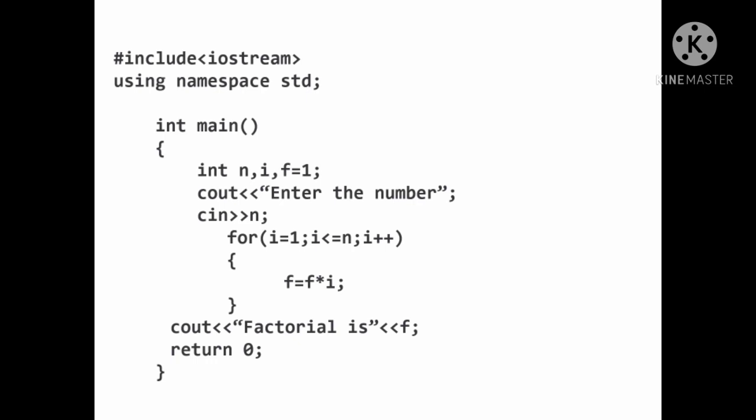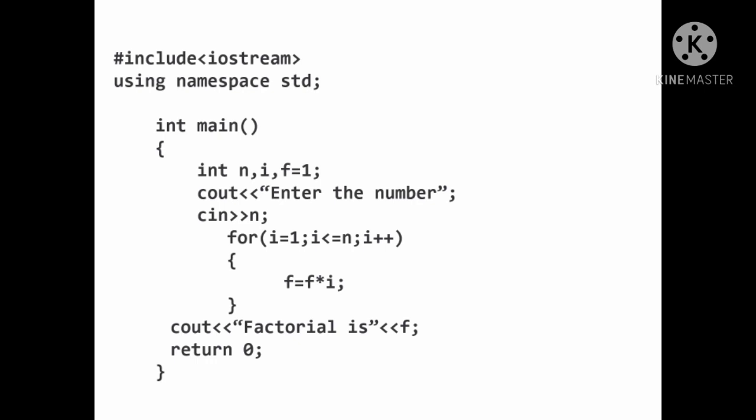Now moving to the coding part. In this program, the user is asked to enter a positive integer. Then the factorial of that number is calculated and displayed on the screen. In this program, we are using for loop because here we have to repeat some statements again and again.